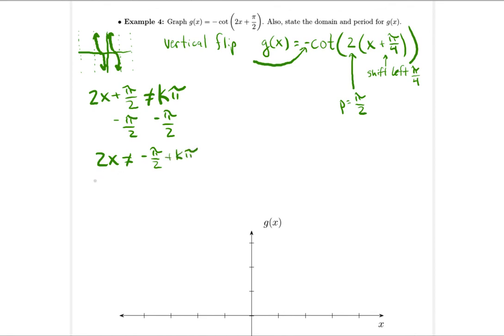And then here what I would say is, since we already have a fraction over here, instead of thinking about dividing by 2, how about we think about multiplying by a half? So this is x is not equal to negative pi over 4 plus k pi over 2.